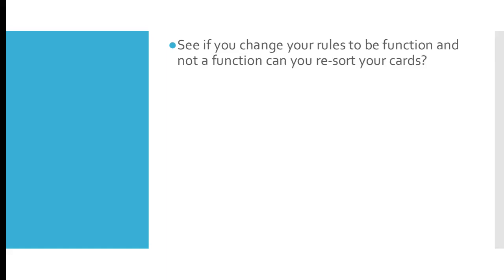K, M, O is a function. Q is a function. R, S, T, those are all functions. U, V, W, and X. You know what? I should have given you the non-functions.